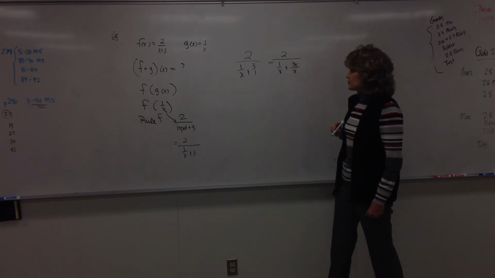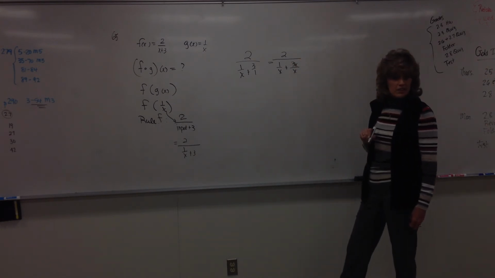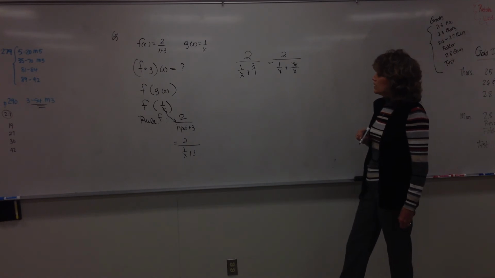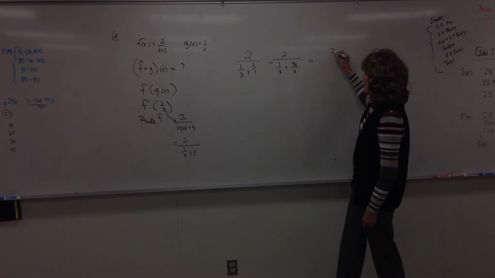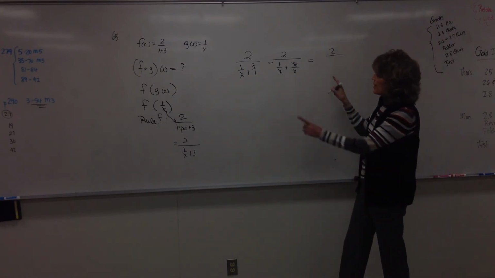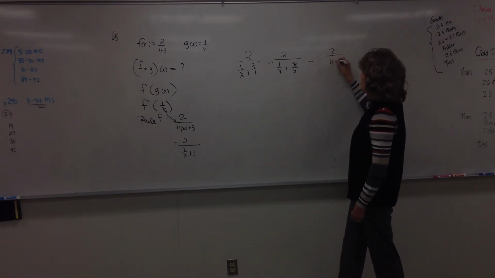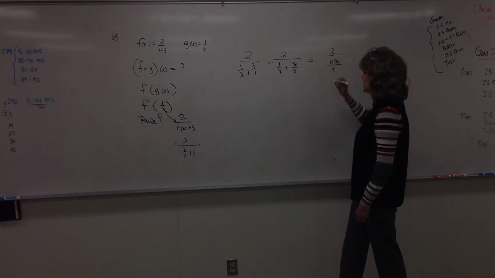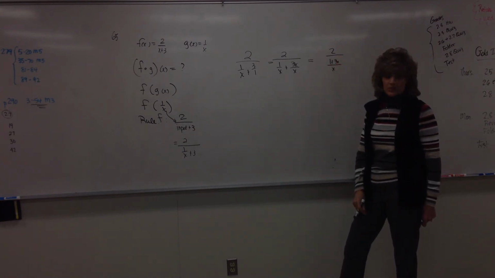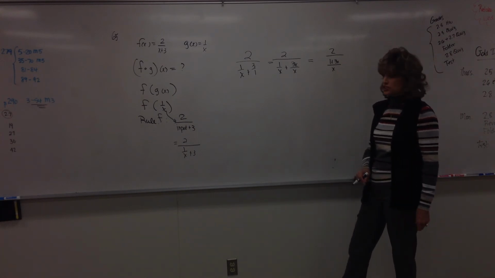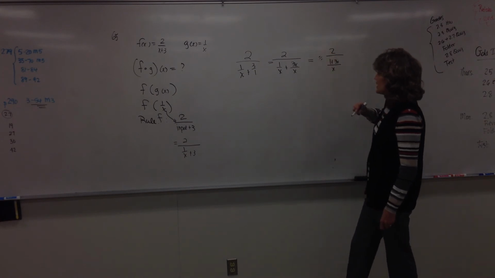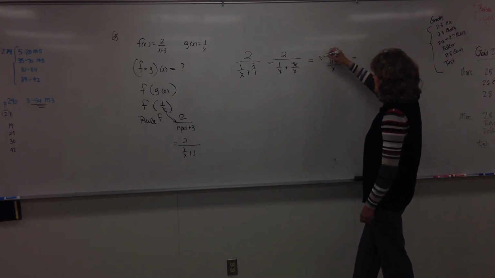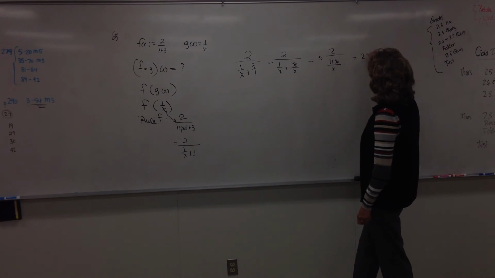If I combine these two fractions, now I have 1 plus 3x all over the same denominator, because remember, once we get a common denominator, we combine the two fractions into one. And then remember that this bar really means divided by. So I have 2 divided by 1 plus 3x over x.